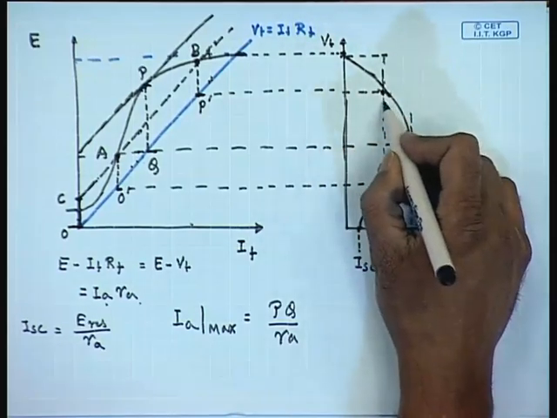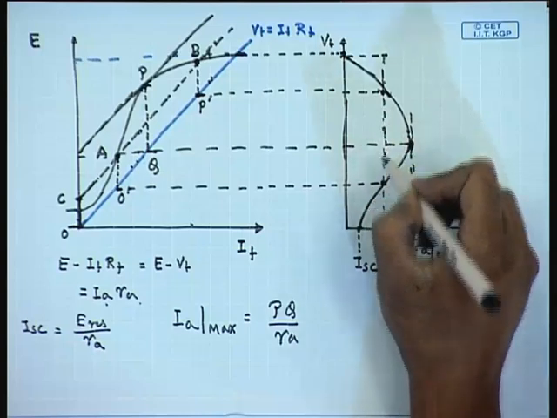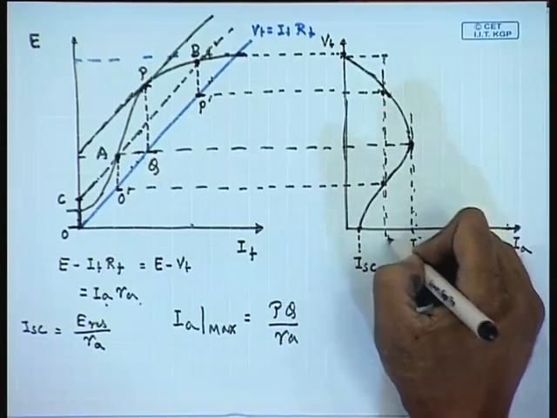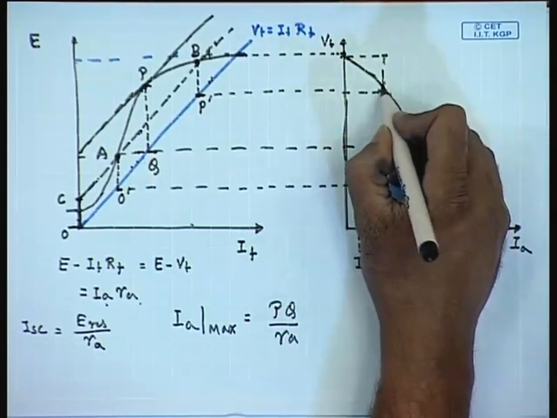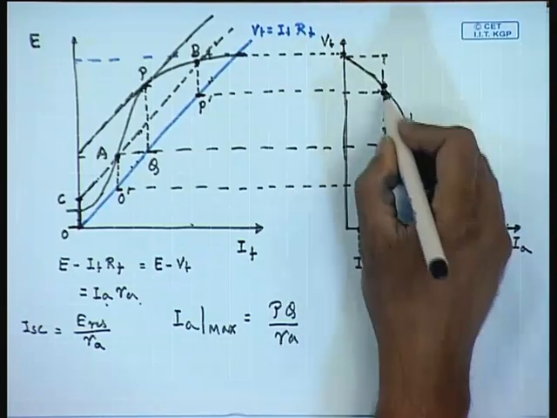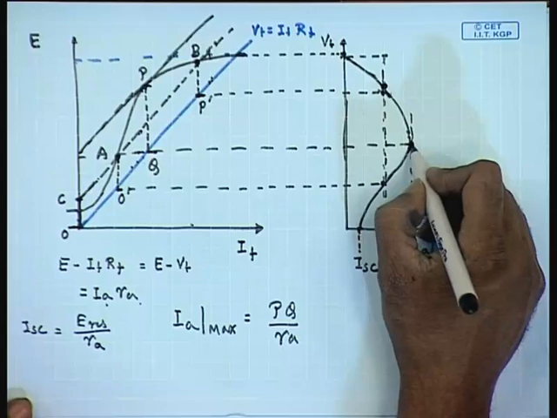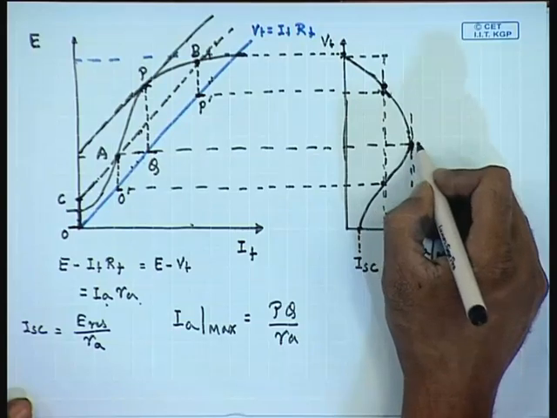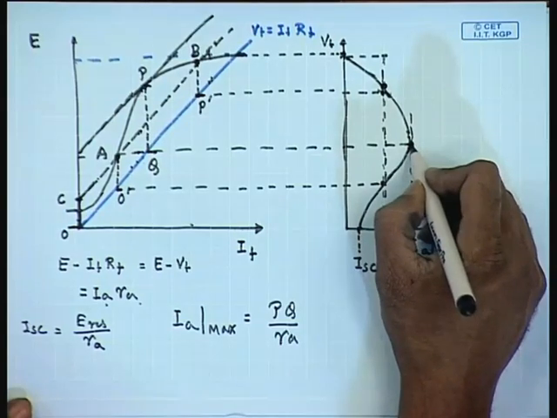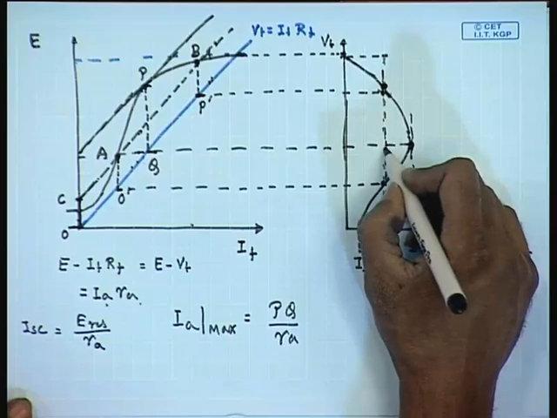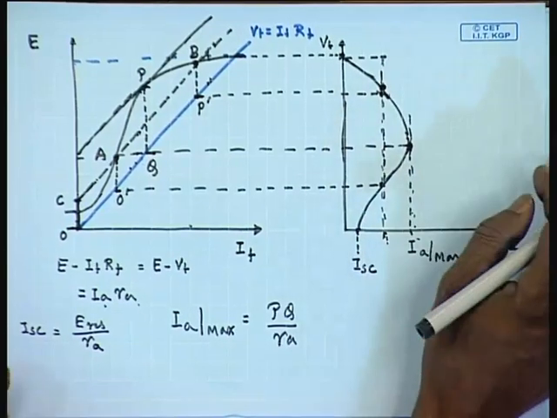Hence, even though at short circuit the current may be smaller than the rated current of the machine, transiently if the terminals are shorted, the armature current can exceed the rated current of the machine and can damage the commutator segments.